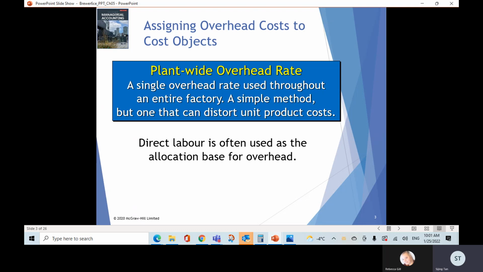In the interest of simplicity, companies often established a single overhead pool for an entire factory that used direct labor as the allocation basis. Direct labor was the obvious choice because direct labor information was already being recorded, and direct labor was a large component of product costs, and managers believed direct labor and overhead costs were highly correlated.